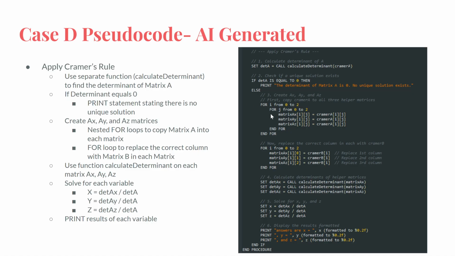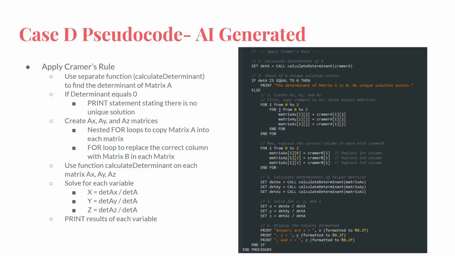So it begins by setting the matrices AX, AY, and AZ all equal to the original matrix A. After that, it uses a for loop to replace the correct column with the constant matrix B in each matrix, where matrix AX will have the first column replaced, matrix AY will have the second column replaced, and matrix AZ will have the third column replaced.